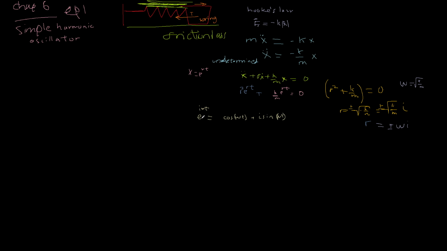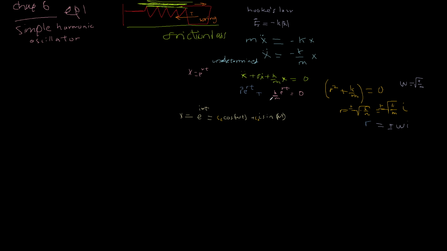Right, and so these are the solutions for our x equals e to the power rt. Although obviously these aren't complete solutions because we need to have our coefficients for each one.